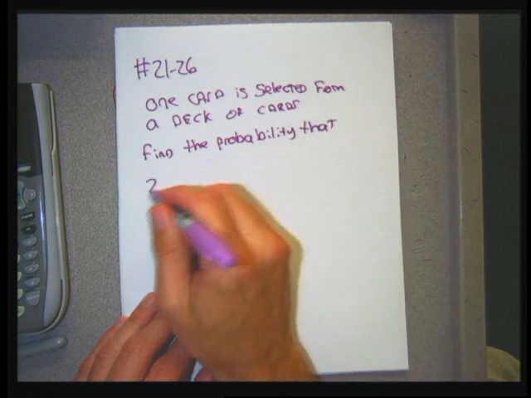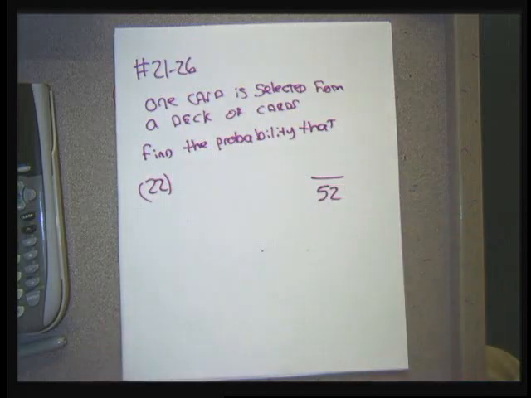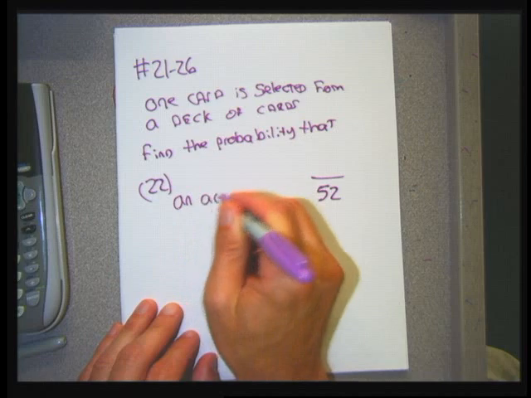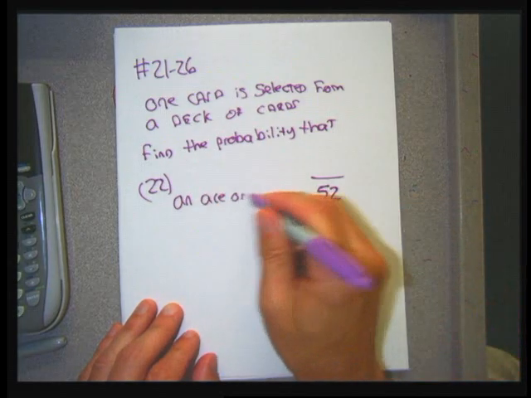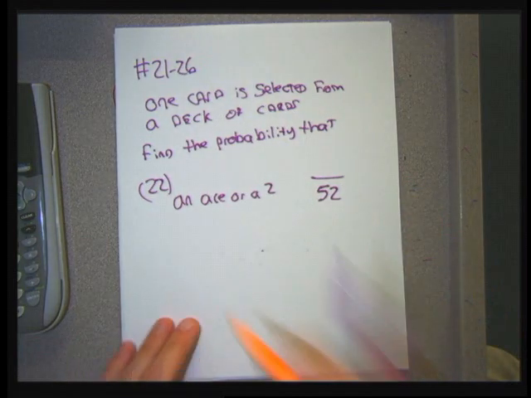Each of these probability questions is going to have a 52 in the denominator, because there's 52 different cards I can pick from if I'm picking one card. 24 says, what's the probability that I pick an ace or a 2? The numerator needs to be any card that's either an ace or a 2.